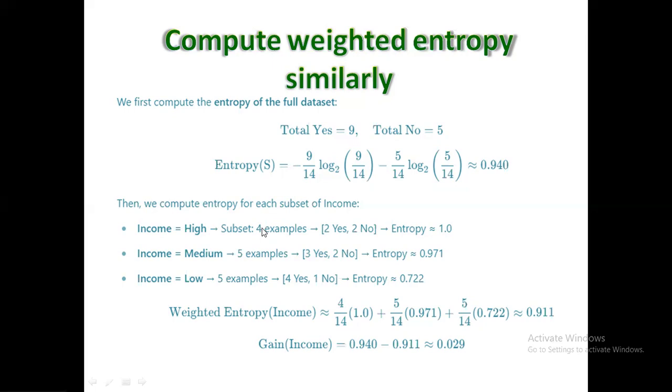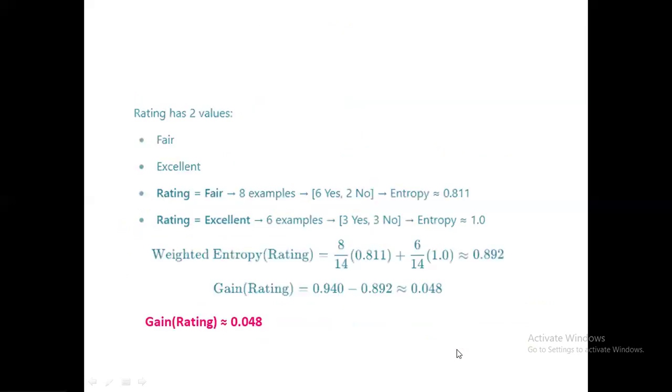If you are adding all those values, 4 plus 5 plus 5, 14 values we are getting, and 4 yes, 1 no, the entropy is 0.722. This is the weighted entropy, and the gain is given by 0.940 minus the weighted entropy. If you are subtracting, we are getting 0.029.